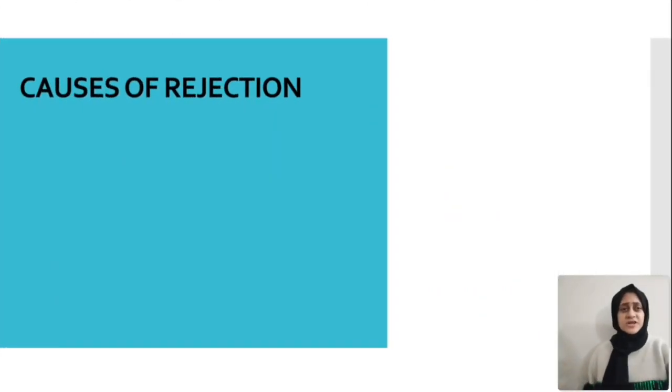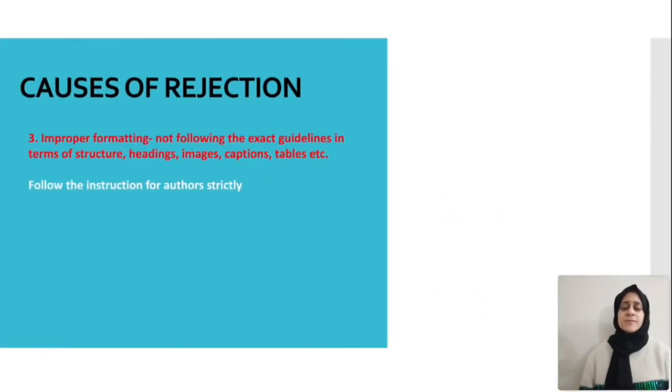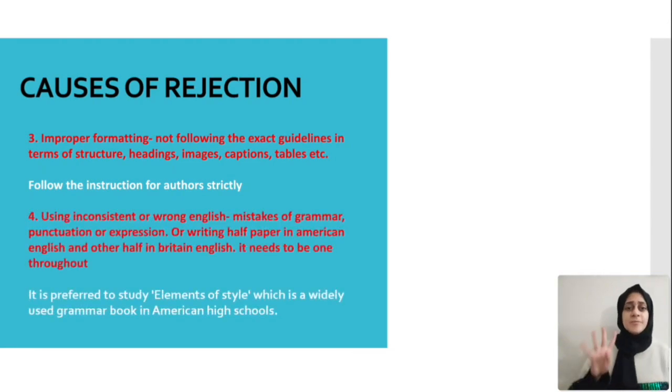More causes of rejection include number three, improper formatting. We've talked about this over and over, and how important it is to follow the guidelines of the journal, else there is going to be rejection. And number four, using inconsistent or wrong language: wrong expressions, punctuation, grammar, all of that, and not being consistent in the language that you're using.